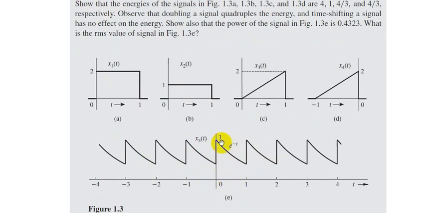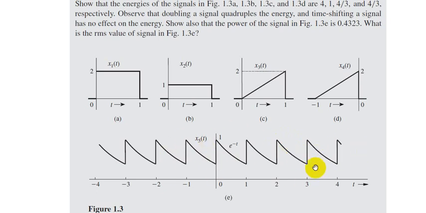From 0 to 1 it is e to the power minus t, then again from 1 to 2 it is e to the power minus (t minus 1), and then e to the power minus (t minus 2). This is the way the signal is repeating.